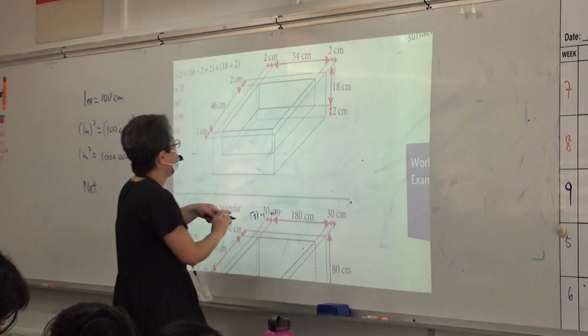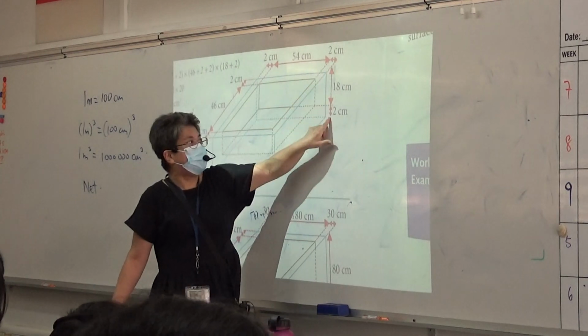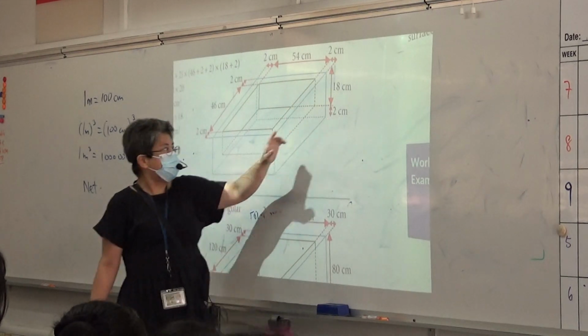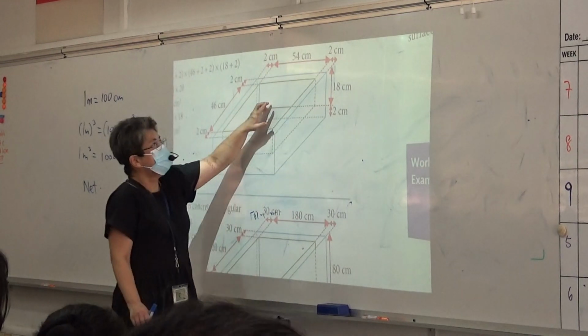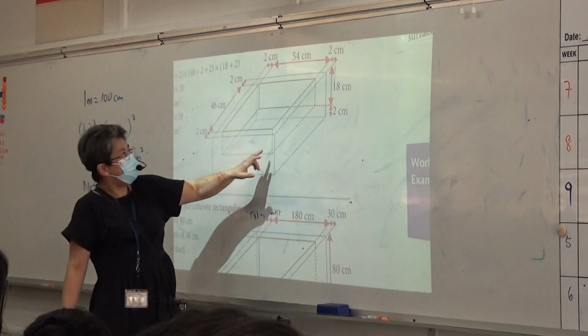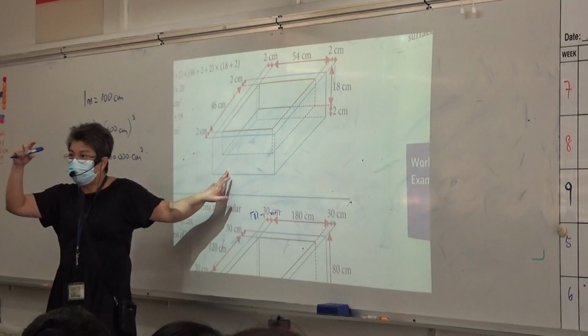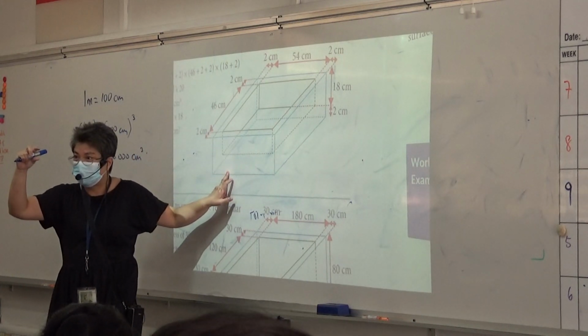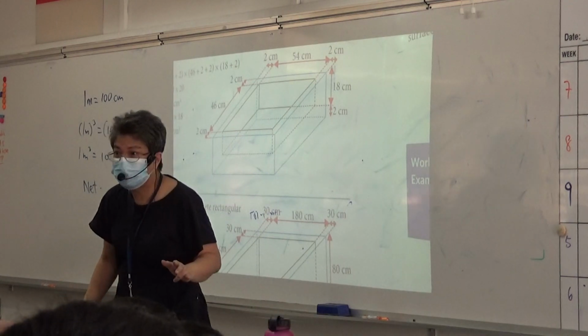Can you see on top is a flat thing, so it's only 18 plus 2. Can you see it? Okay, but this one is 54 plus 2 plus 2 because of the thickness. And the breadth is 46 plus 2 plus 2 because of the thickness. But the height, only the bottom for thickness. Understand? Because it's a container. Everybody okay? Yes or no?